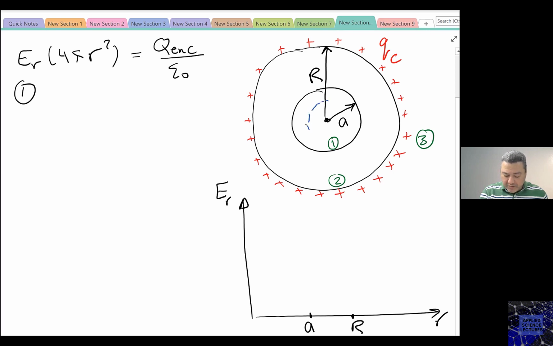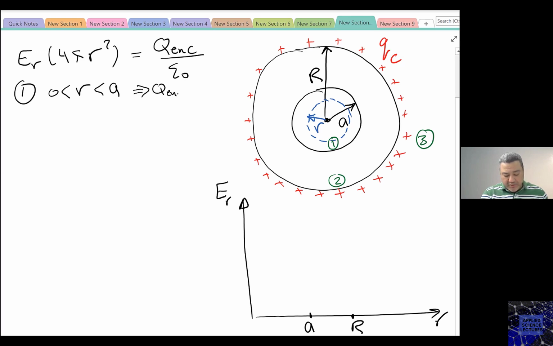Here, let's first pick my Gaussian surface. My Gaussian surface again is a spherical surface with a radius of small letter r. This is for region number one. r is between 0 and A for that region.